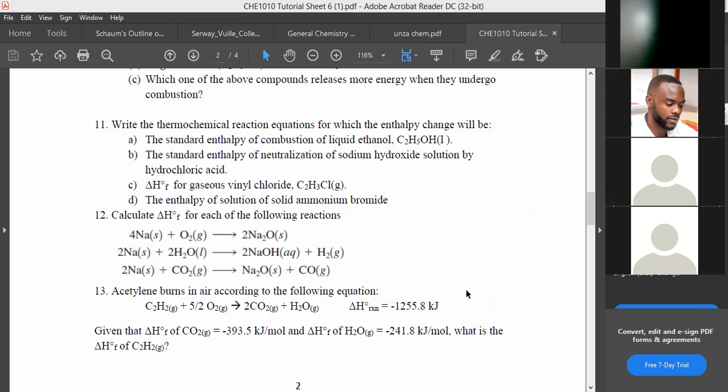Question 2 is 2Na solid plus 2H2O liquid to produce 2 sodium hydroxide aqueous plus H2 gas, like that.